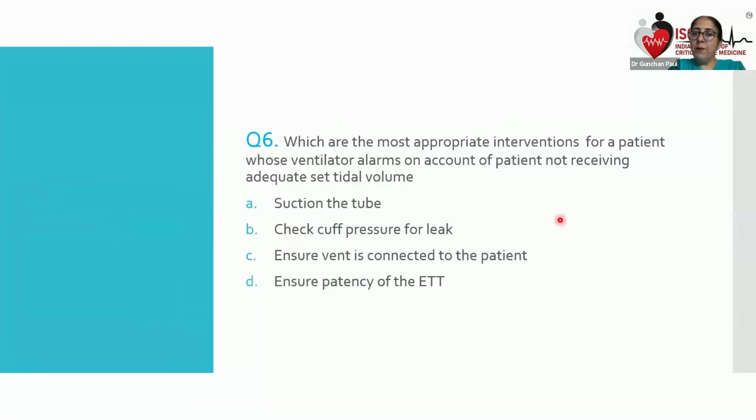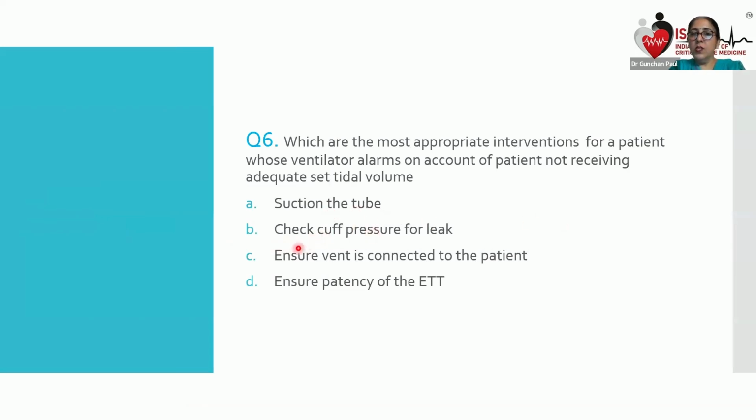So which is the most appropriate intervention for a patient whose ventilator alarms on account of the patient not receiving adequate tidal volume? So you've set an adequate tidal volume and the patient is not receiving it. Which is the most appropriate intervention? What will you do first?